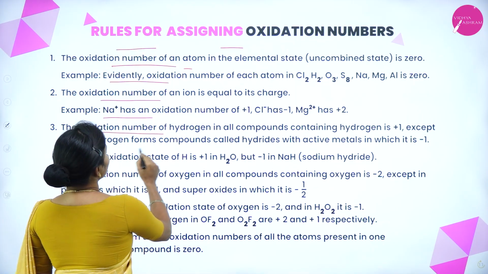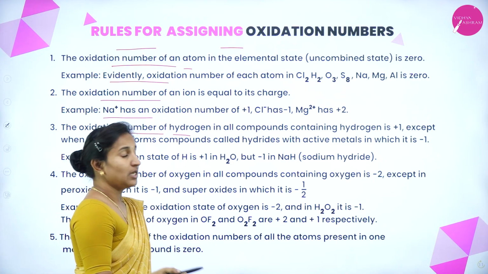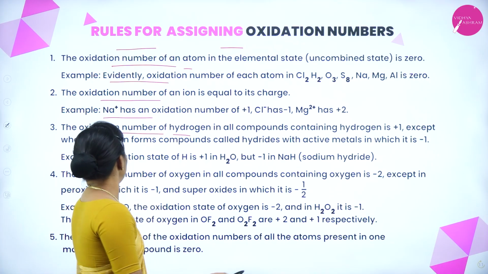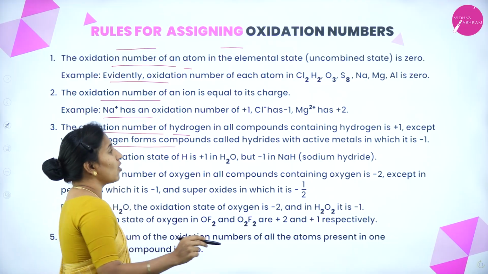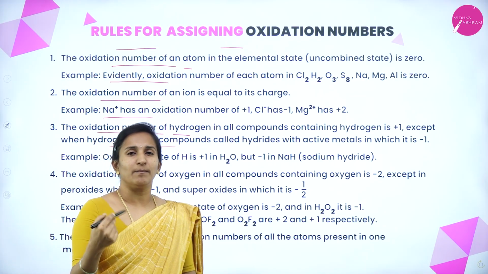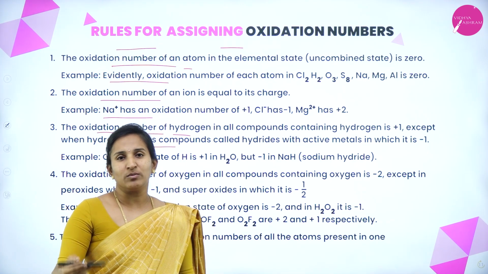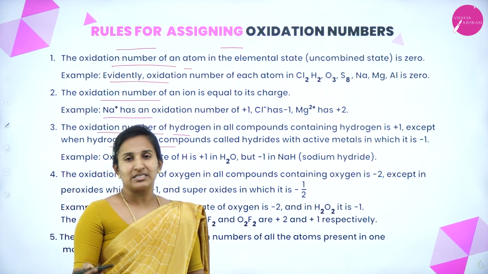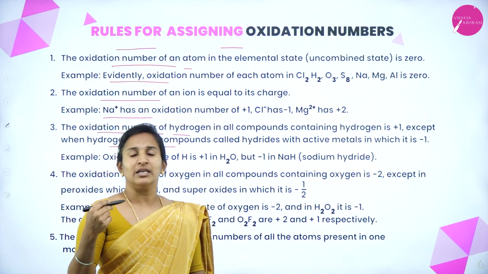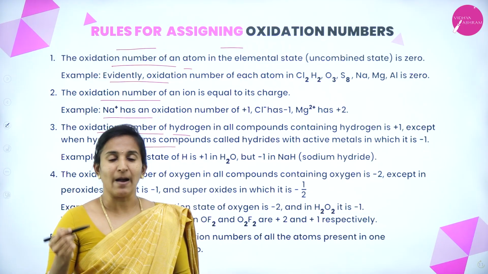The oxidation number of hydrogen in all compounds containing hydrogen is +1, except when hydrogen forms hydrides. Hydrides means when hydrogen combines with alkali or alkaline earth metals, it acquires a negative charge. Except in that case, the oxidation number of hydrogen is +1.